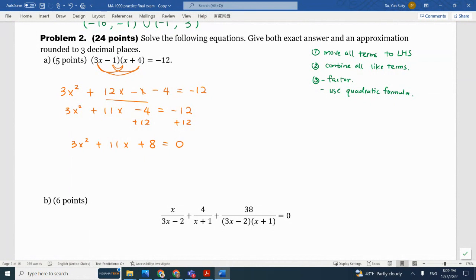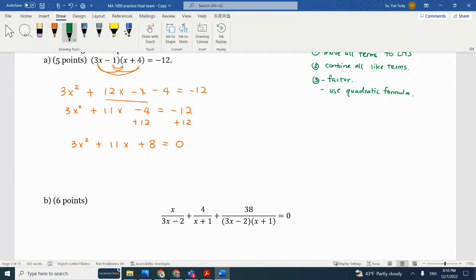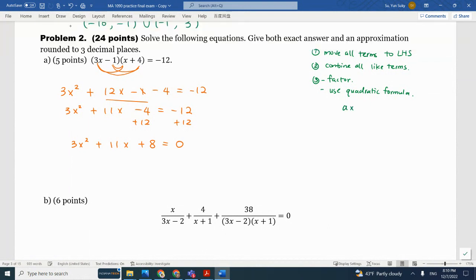Here we combine all the like terms. This is the standard form of a quadratic equation, right? And let me also write it down. So standard form, ax squared plus bx plus c. Oh, sorry. I should call this the general form. Yes, this is the general form.